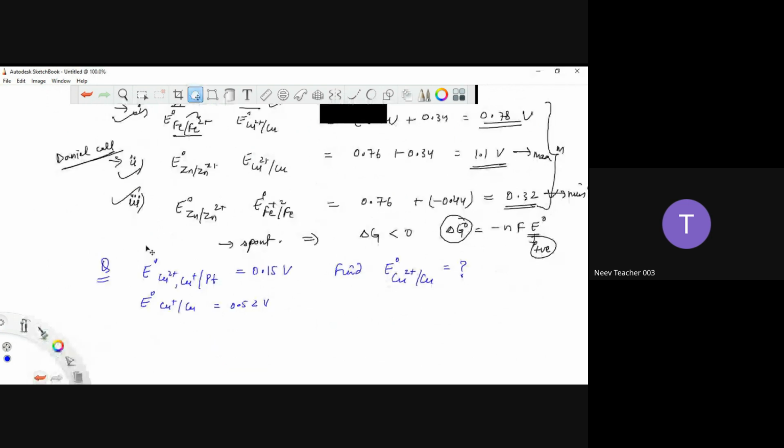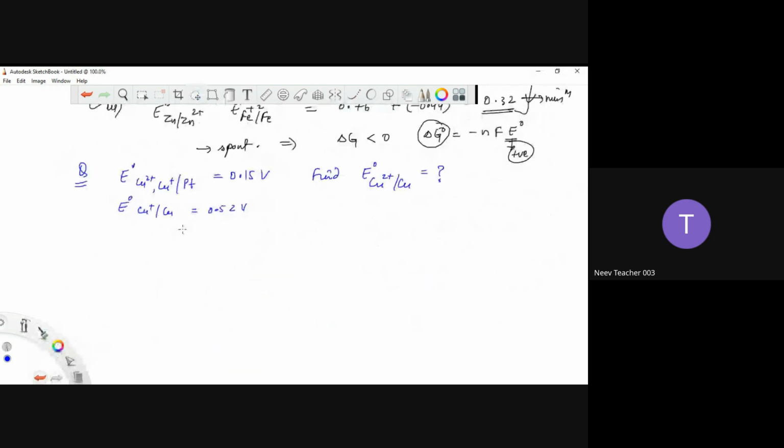So how are we going to do it? See this. What is given to us? Cu2 plus going to Cu plus. It's basically a reduction. So I can write this reaction as Cu2 plus plus electron giving Cu plus. Then the second equation, I can write as Cu plus plus electron giving Cu, correct?